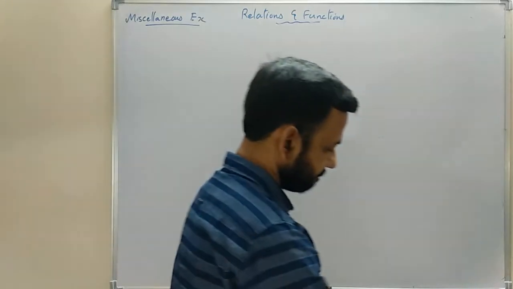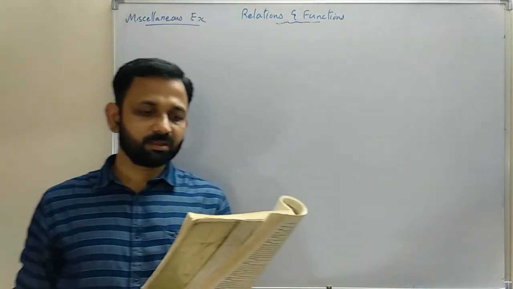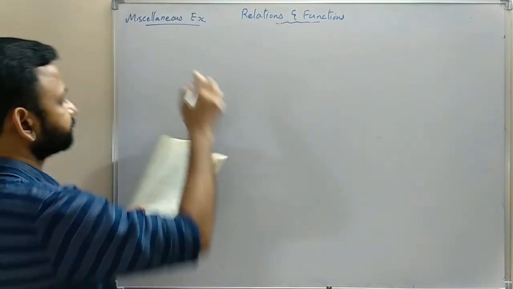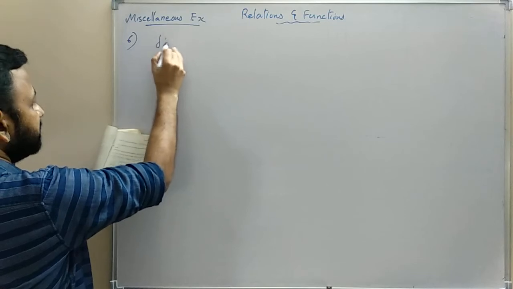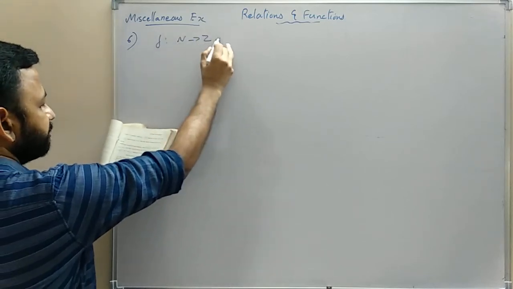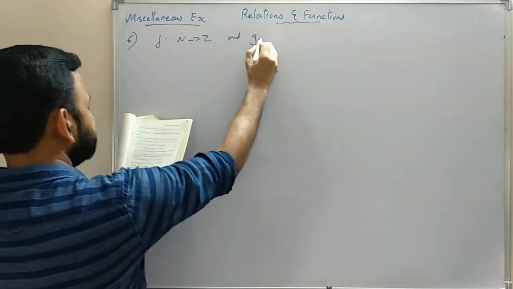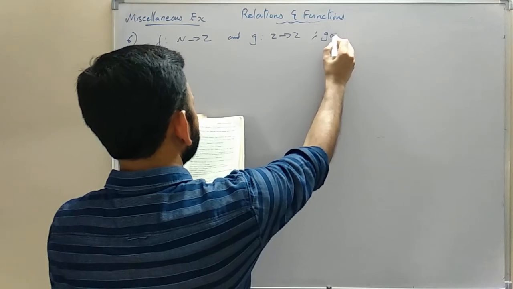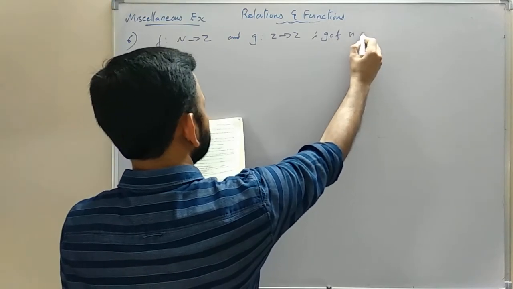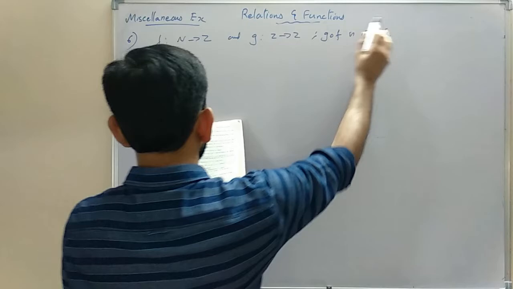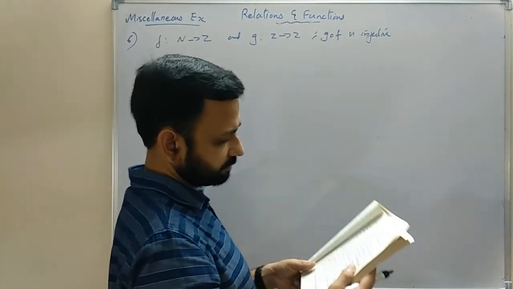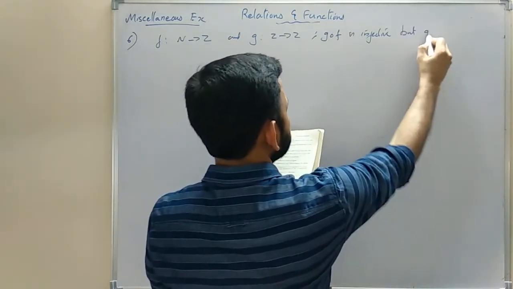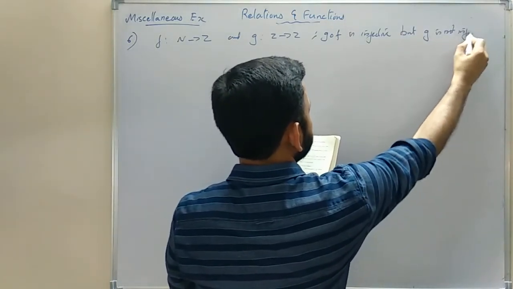Now we are going to do question number 6. Give examples of two functions. F is a function from N to Z and g is a function from Z to Z, such that g composition f is injective but g is not injective.